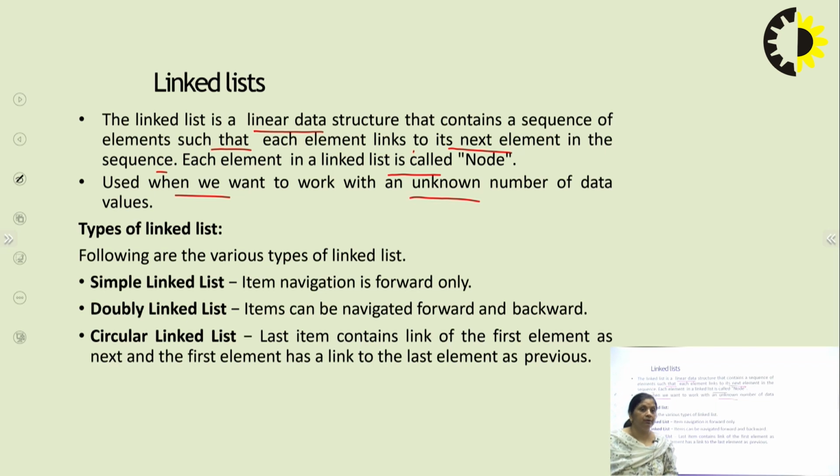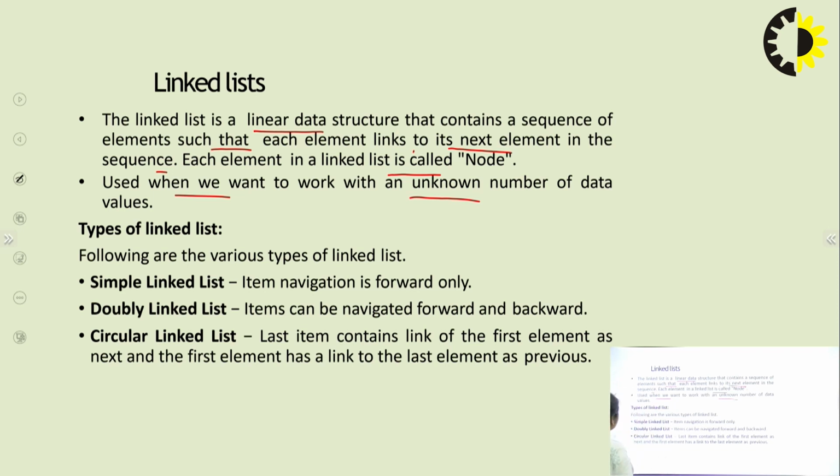So during runtime, we decide how much memory is required. So it uses dynamic memory allocation. Whenever we get some data, we create a node and store that element in that particular memory area that we have allocated during the runtime.